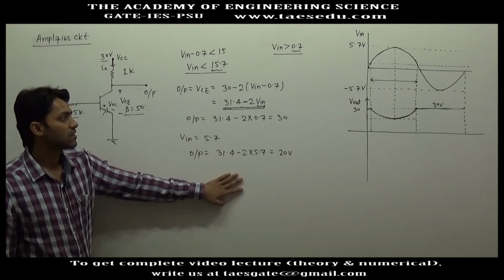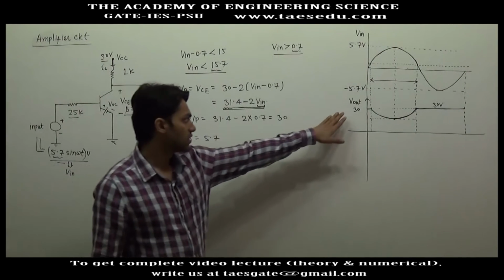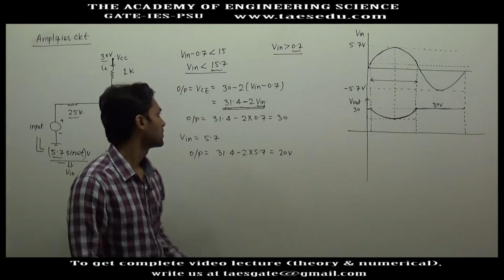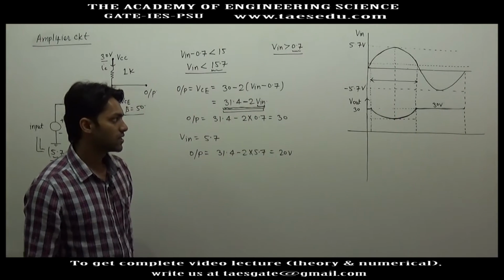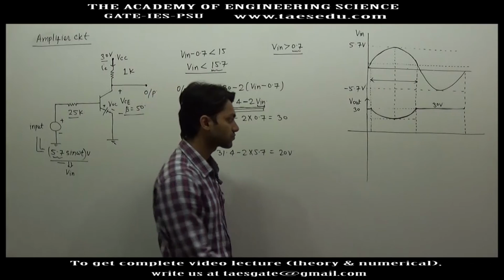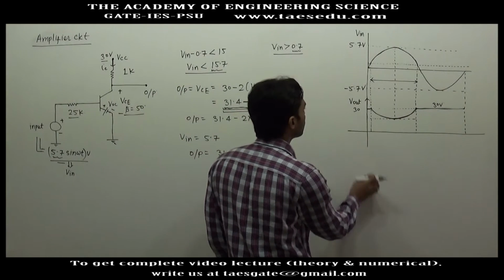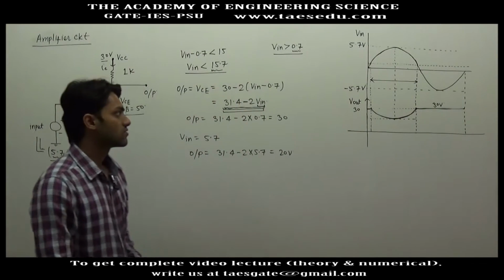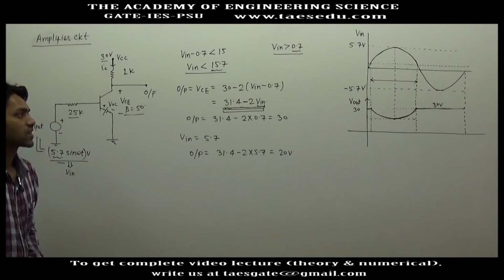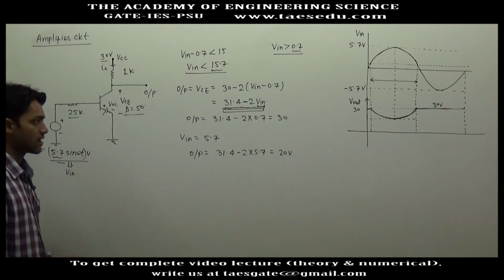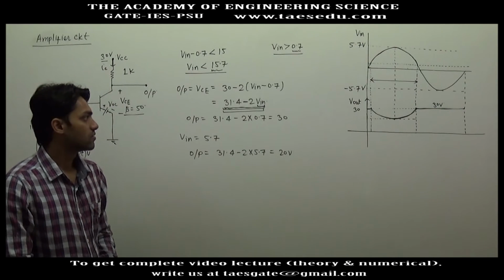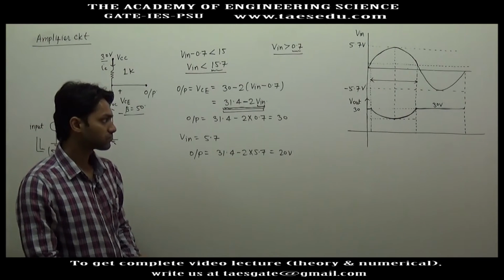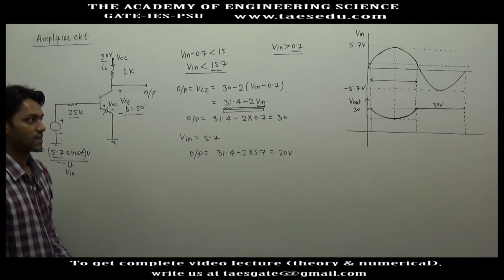In cutoff region the output voltage is constant at 30 volt, and in active region we have this expression for output voltage, and this way we plotted the graph. Here we have graph of output voltage. There is one more graph that is called transfer characteristic. In diode circuit, when we studied Clipper circuit, we have already plotted many transfer characteristics.